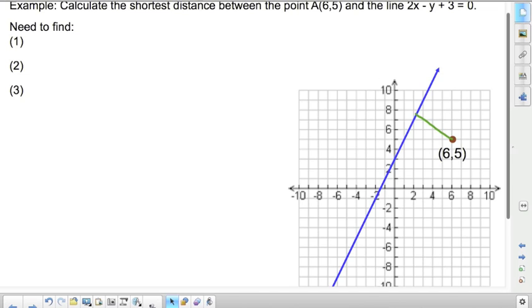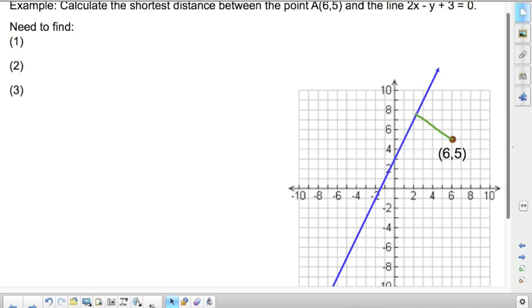So to help us step through in solving this problem, what three things do we need to find? Well, how does that help us though? Yeah, we need a point. In order to calculate length, what do we need?